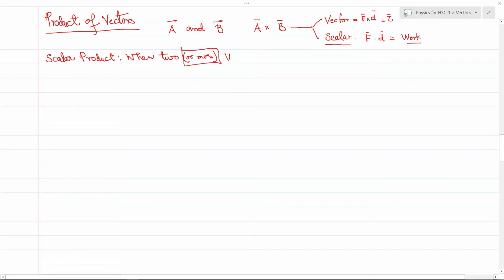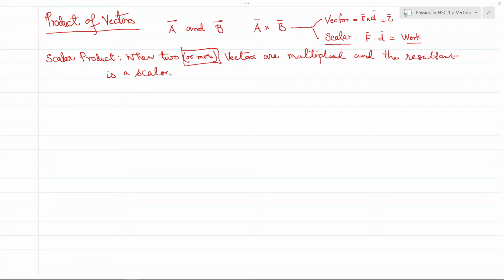When two vectors are multiplied and the result or resultant is a scalar, in that case, this product is called a scalar product.